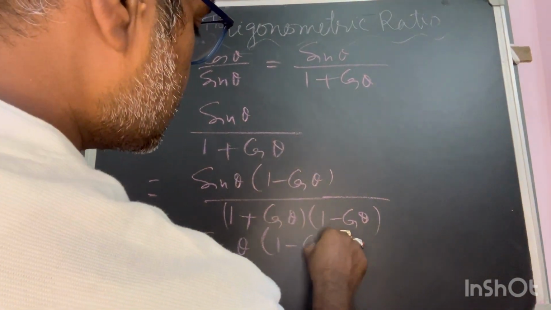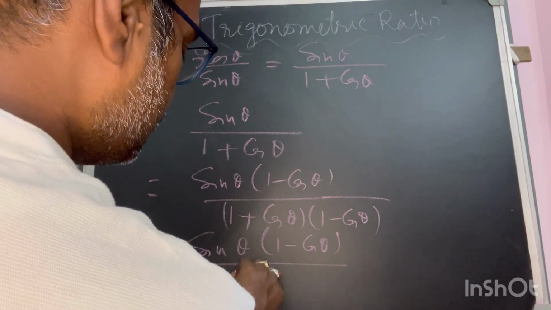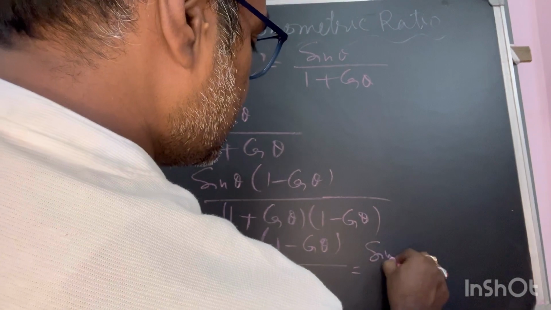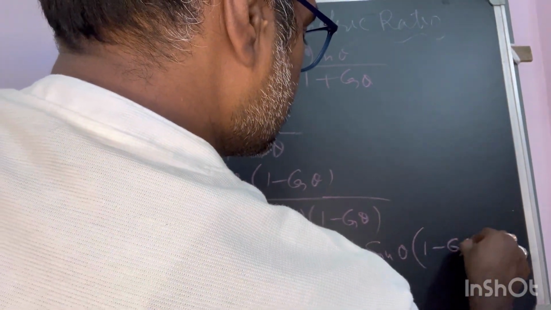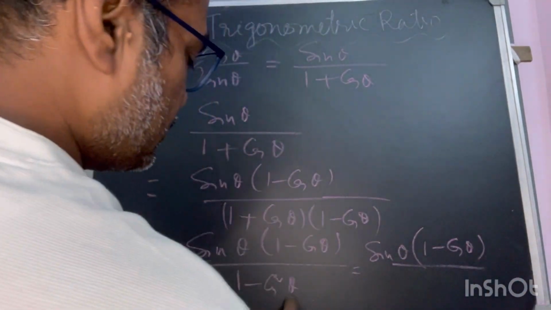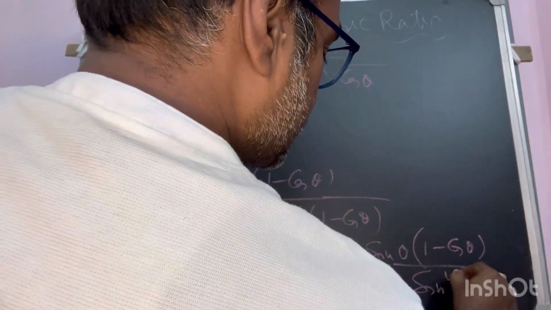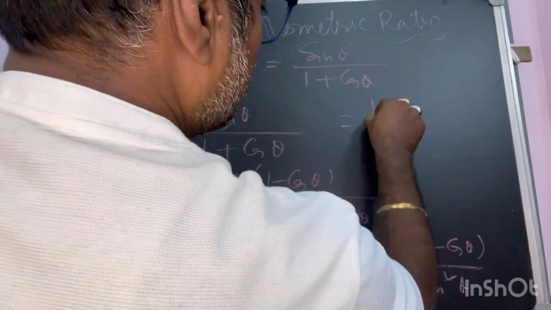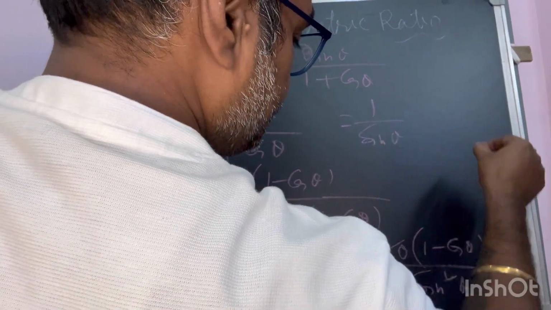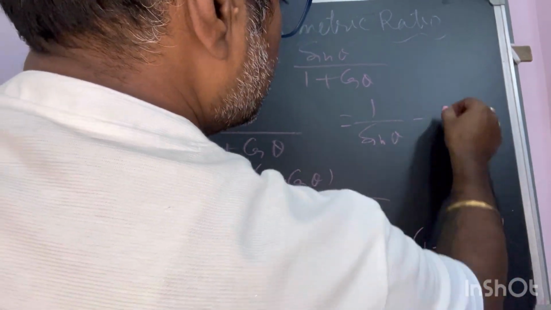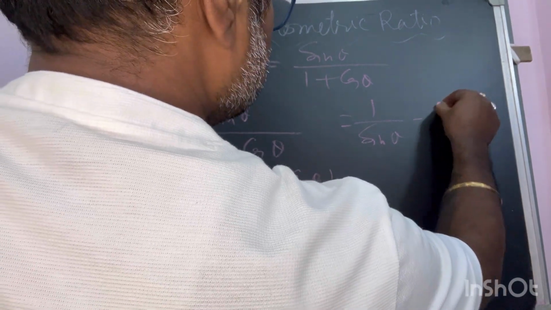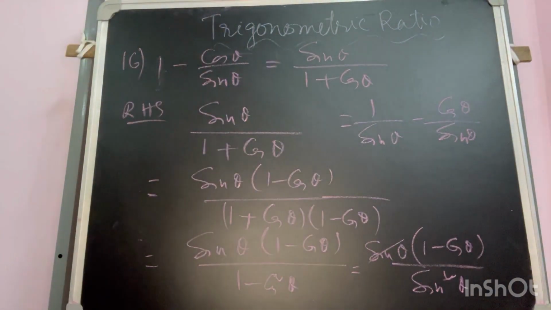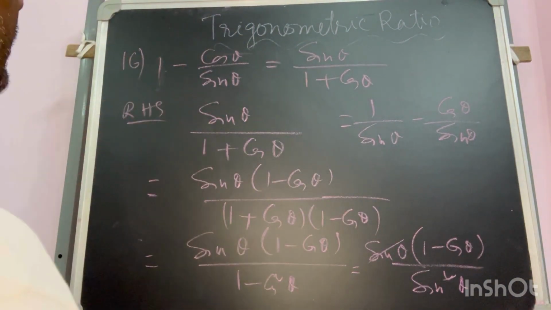So this is 1 minus cos theta, it will become 1 minus cos square theta. Sin theta, 1 minus cos theta, 1 minus cos square theta, that means sin square theta. Sin will be cancelled out, so ultimately 1 by sin theta minus cos theta by sin theta. So that means the left hand side given is wrong.